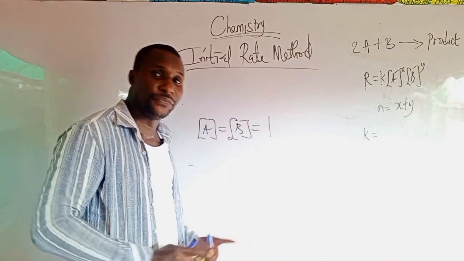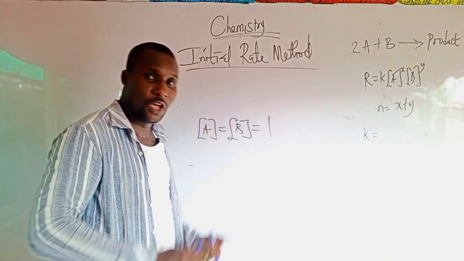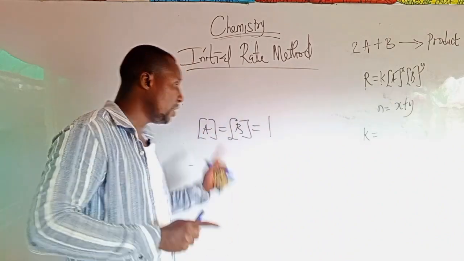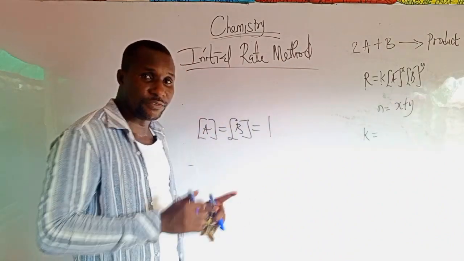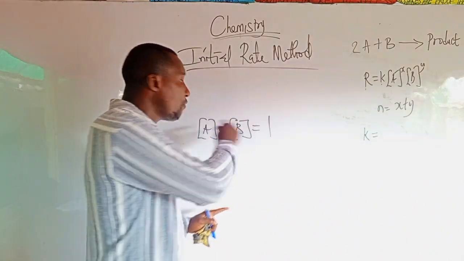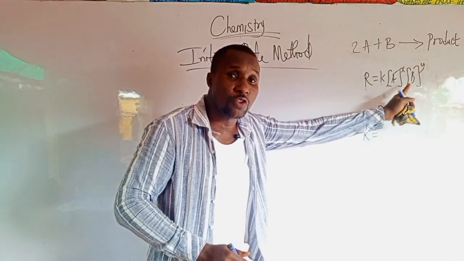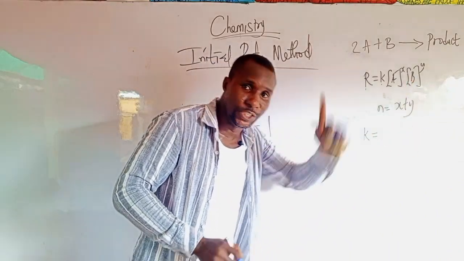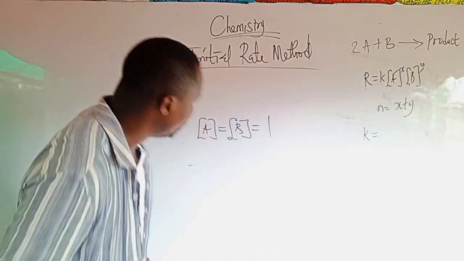K is the specific rate of reaction when the concentration of all the species in a rate law expression is unity. Take note. Let us move.